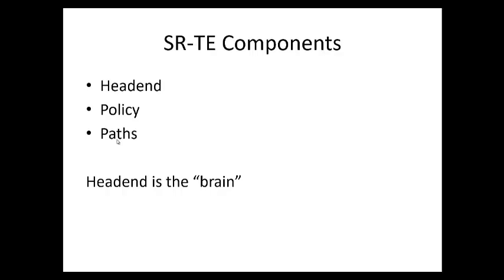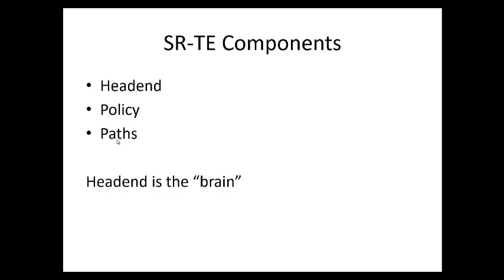And this all happens in the head-end router. The head-end router is the brain that computes and finds the path as per the policy, the one that suits the policy, and inserts it into the header. Head-end router, policy, and path.